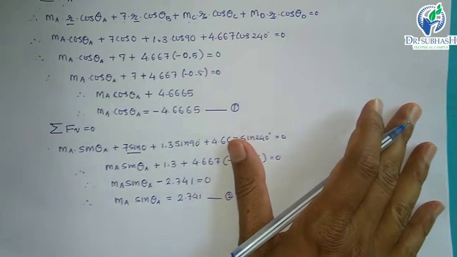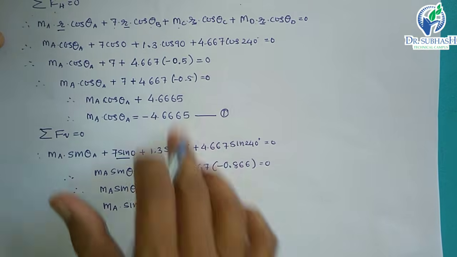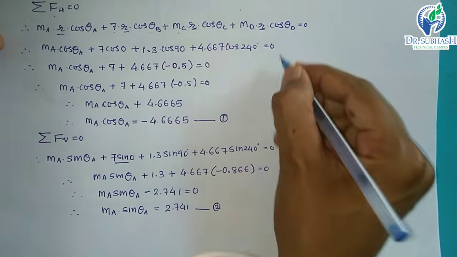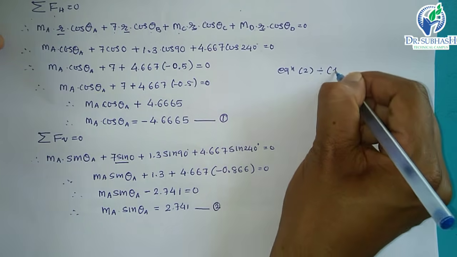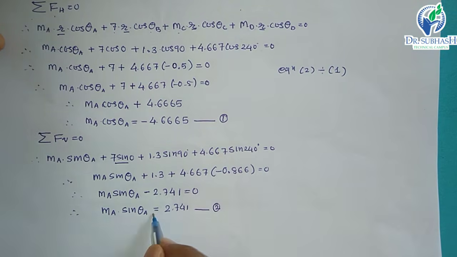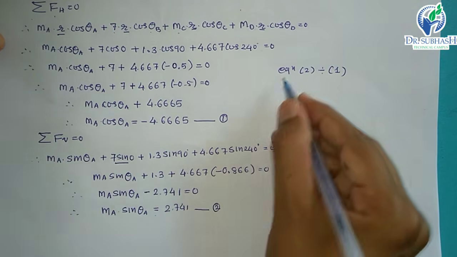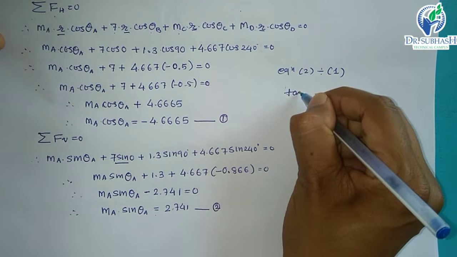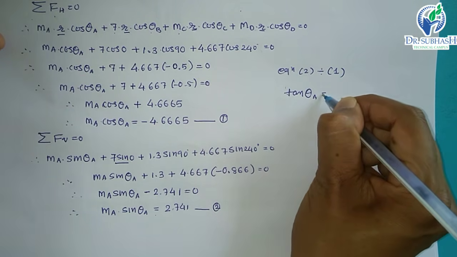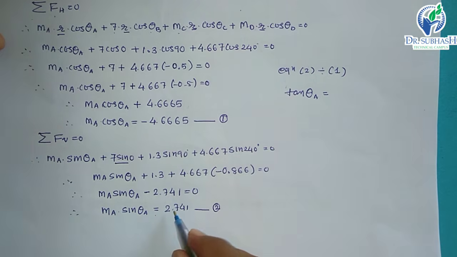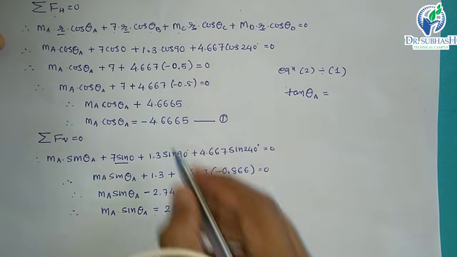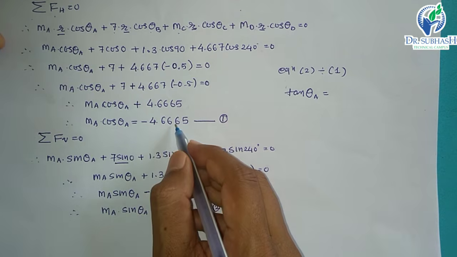Now we have equation 1 and equation 2. If we consider equation 2 divided by 1, then we get ma sin theta a and ma cos theta a. So ma cancels and sin theta upon cos theta, which is tan theta, is equal to, on the right side, 2.741 upon minus 4.666.